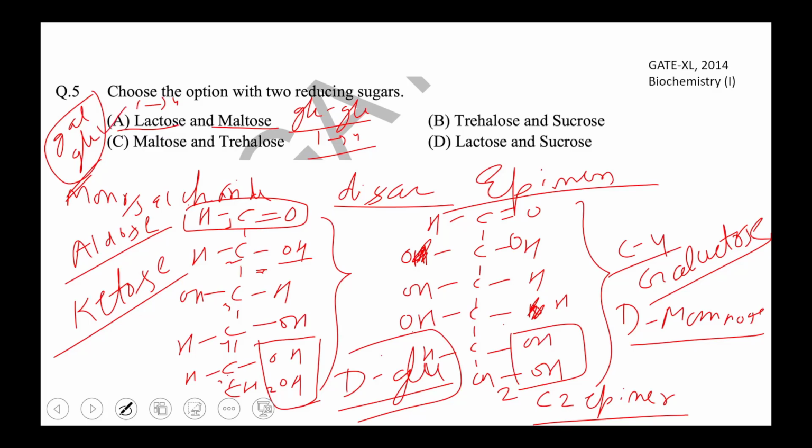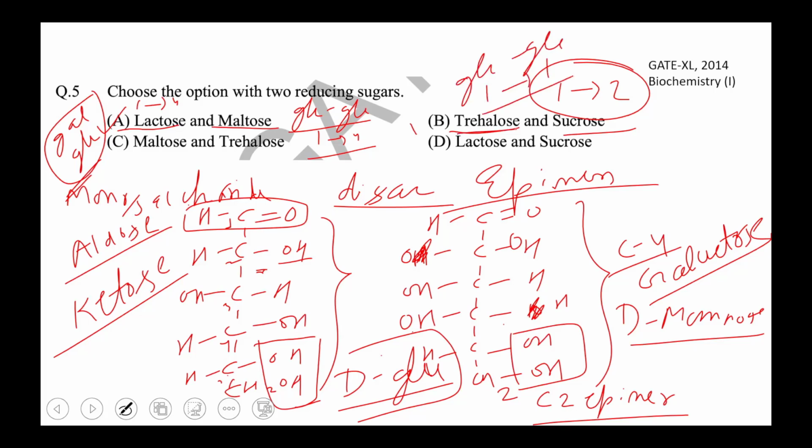Let's see option B. In the second option there is trehalose and sucrose. Sucrose we just now discussed, with a 1,2 glycosidic linkage. In fructose and glucose, both functional groups are not free. However, trehalose is also a glucose and glucose dimer, but the linkage is a 1,1 glycosidic linkage.